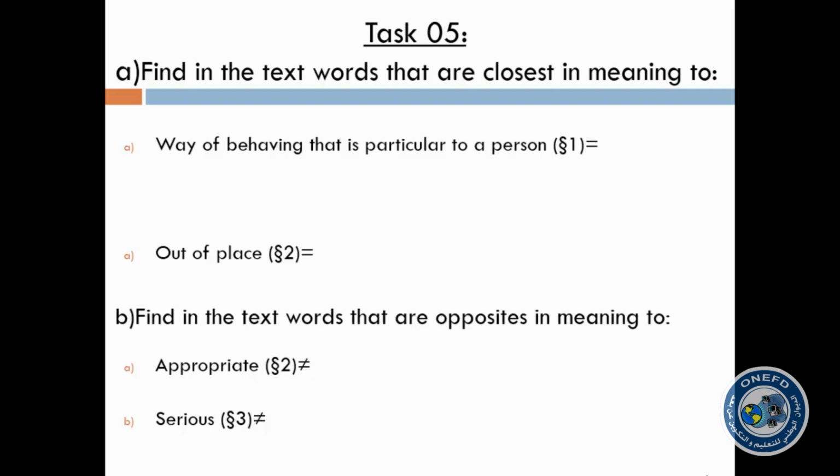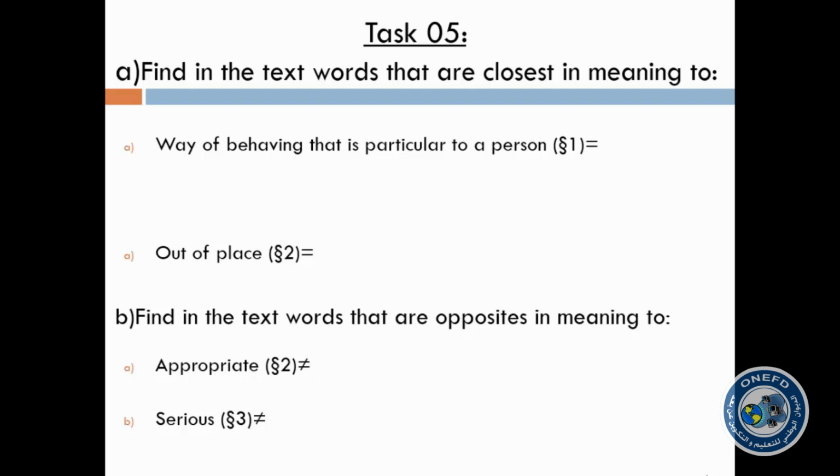So you have to find a synonym for expression A: way of behaving that is particular to a person, and you'd find this word in paragraph 1. So you have to go back to paragraph 1 and find this word that corresponds to this little definition. And B, out of place, you would find the word that corresponds to this expression in paragraph 2.